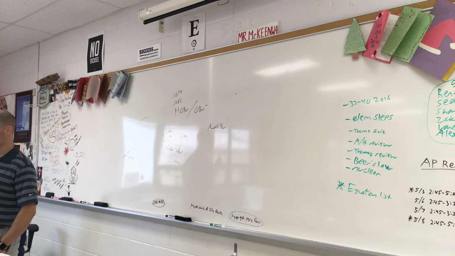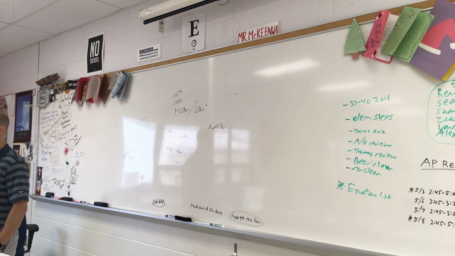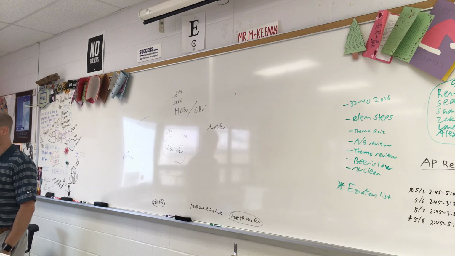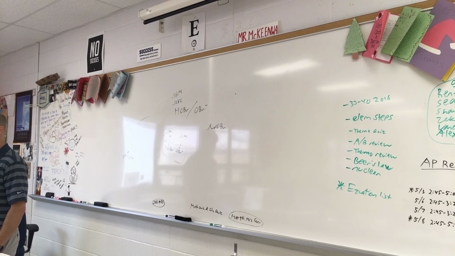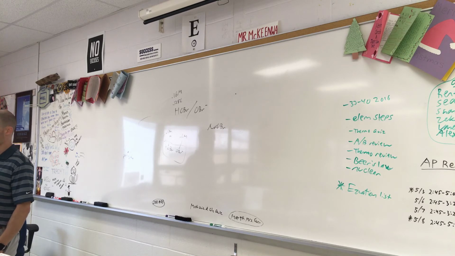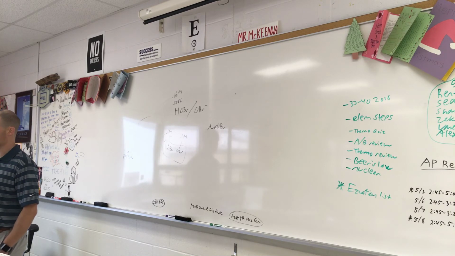Why do they give us the H plus concentration? To throw you off? No. Because you can get the pH from it. There are actually two ways to do this. I'm going to run out of time. So, what's the pH if your H plus is 5 times 10 to the negative 9?